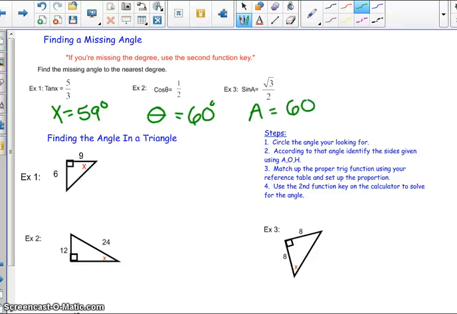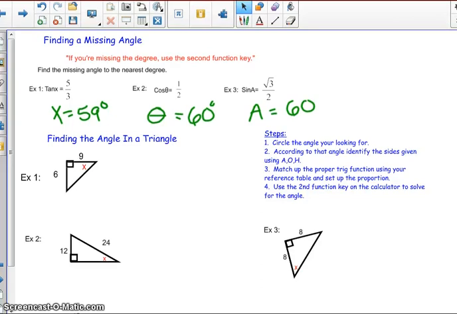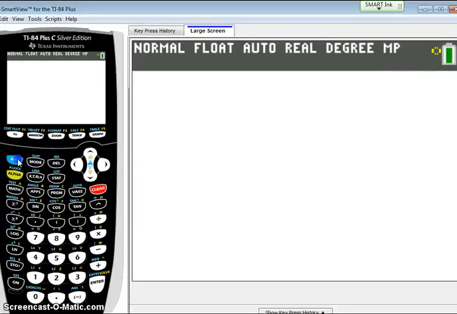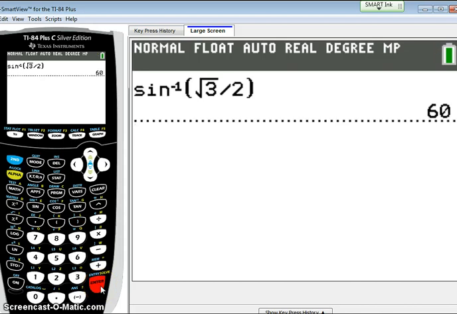Now one thing I just want to show you guys, because this is going to come up eventually again, is that when we are working with a radical, and if you guys do second sine, and we go to do our radical 3, make sure the radical is only around the 3, right? So we got to tab it over, and then do divided by 2. Okay? Or if you have a different type of calculator, close your parentheses, and then do divided by 2, and get 62. So just make sure the radical doesn't continue.